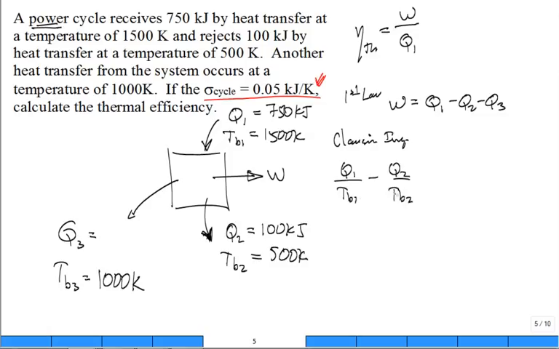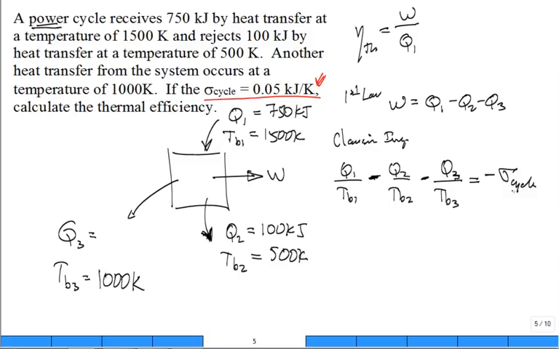Why the minus sign? Because it's an out. And I want to talk about a positive Q2 minus a positive Q3 out of the system divided by TB3. And the sum of everything on that side is equal to minus sigma of the cycle. True or false? Is that true? Look good, huh?